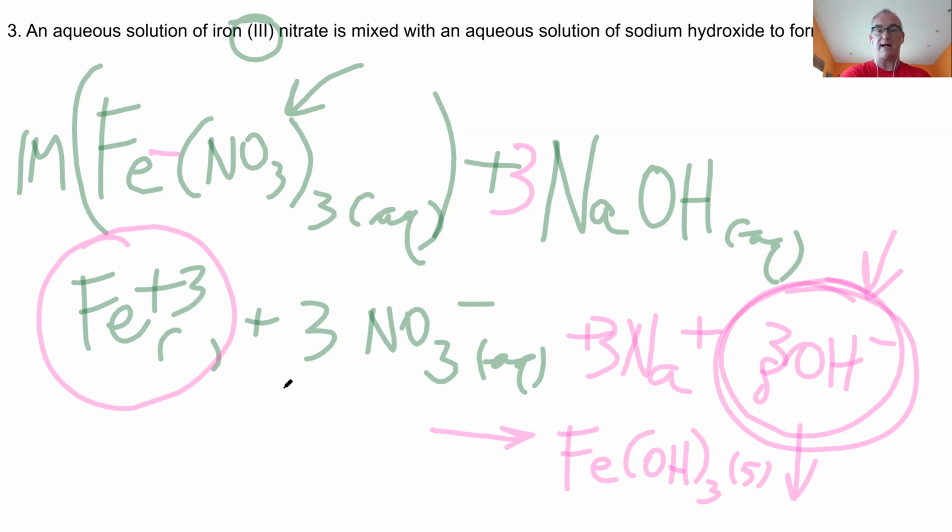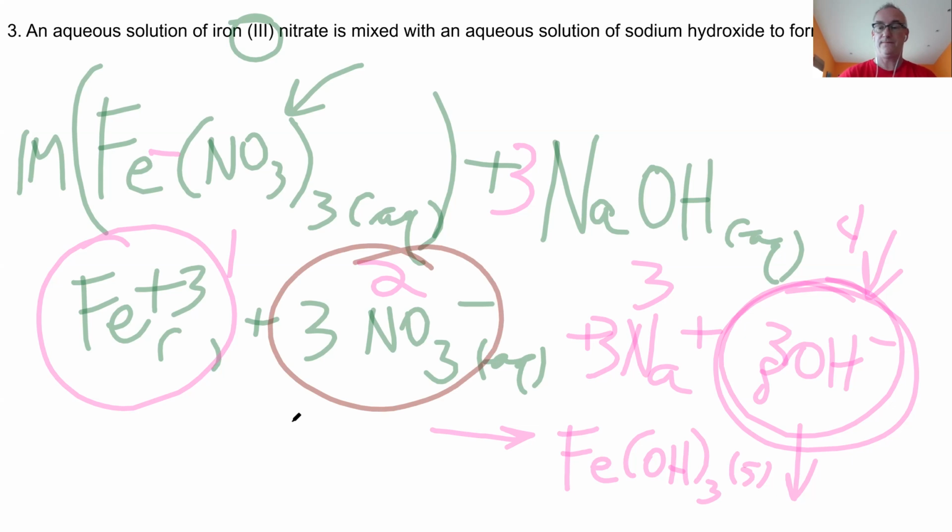So we had 1, 2, 3, 4 ions present at the beginning. And we still have, at the end, that one and that one, so they'd be there at the beginning and they'd be there at the end. So we don't include them as products because they're not a product.